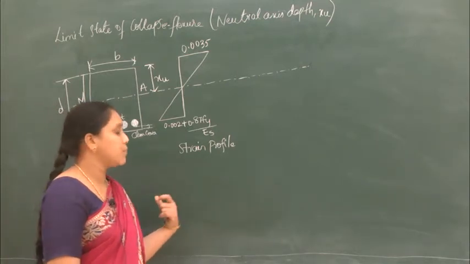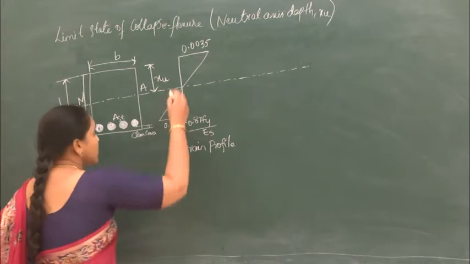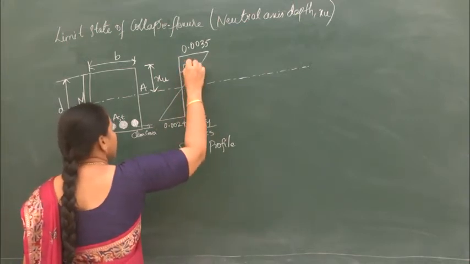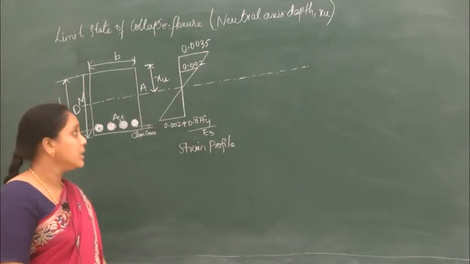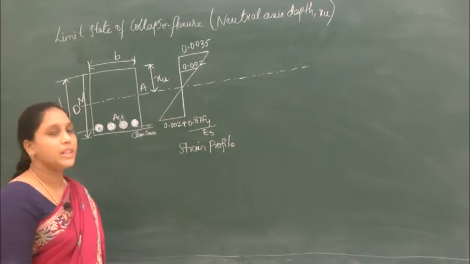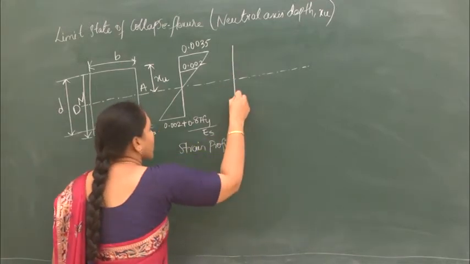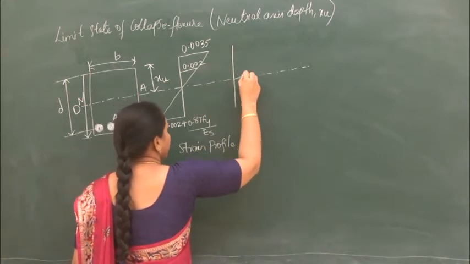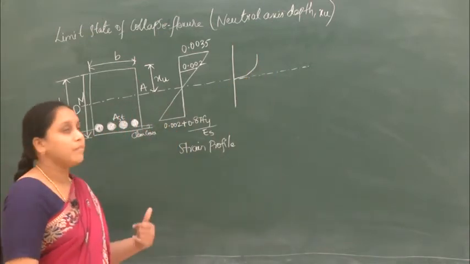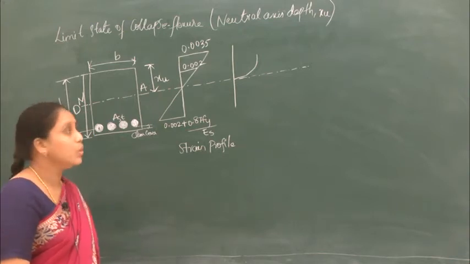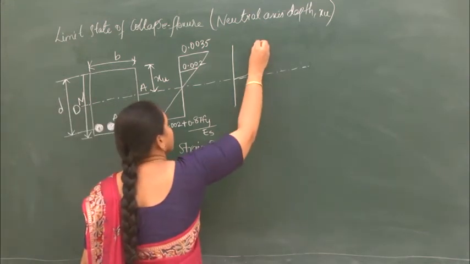So if we draw the stress profile or the stress block, up to a strain of 0.002 the stress strain curve is parabola in shape, and from a strain of 0.002 the stress strain curve is linear.